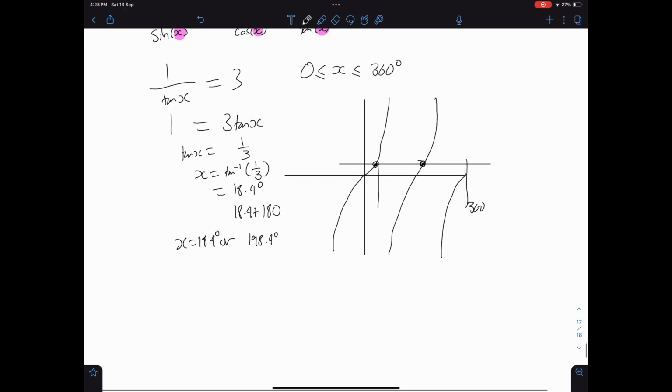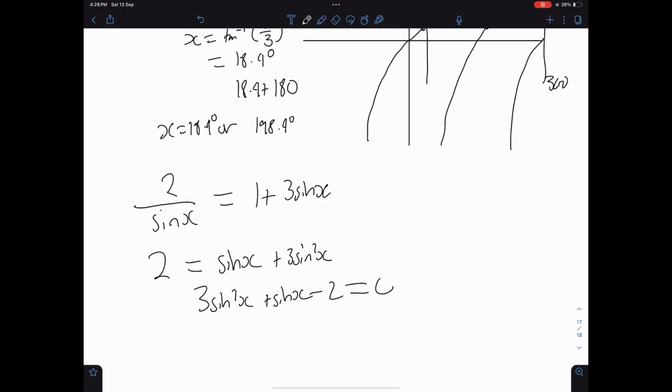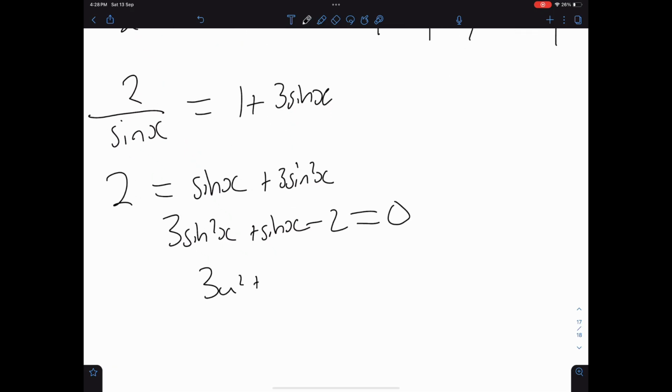Or you could get a quadratic type thing, something like this. And remember, it could look like fractions, but just multiply out the denominator. And then perhaps, to make it easier, you do a u substitution.